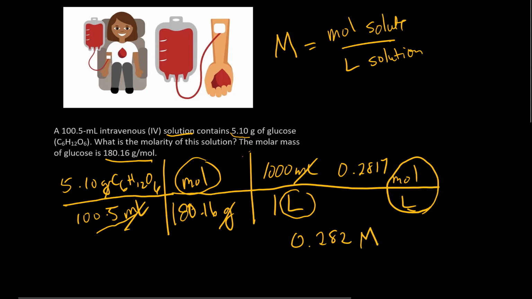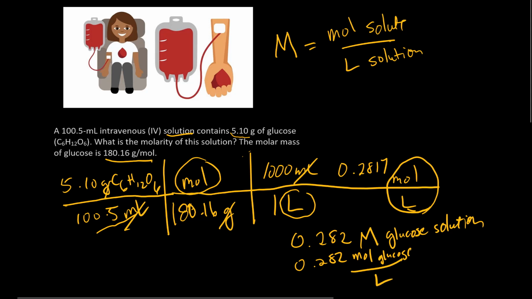So that's 0.282 molar. This is how you actually say it: molar for molarity. 0.282 molar glucose solution. And just so we're really clear, this means 0.282 moles of glucose per liter.